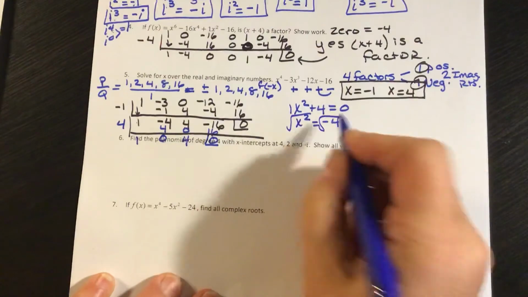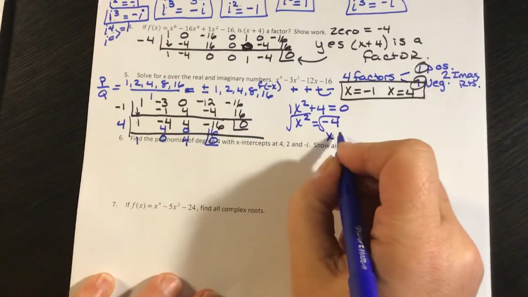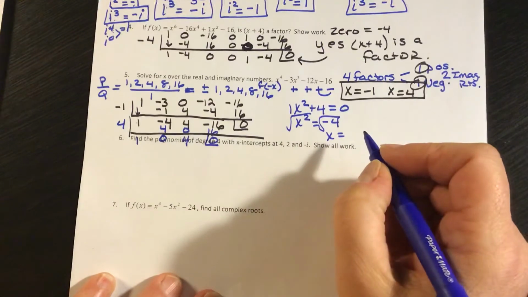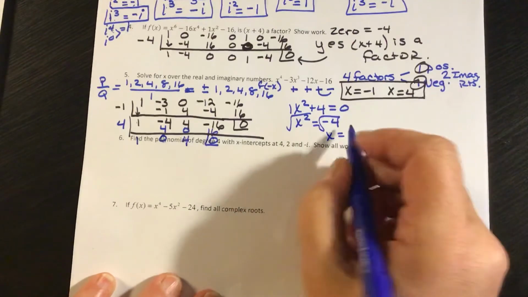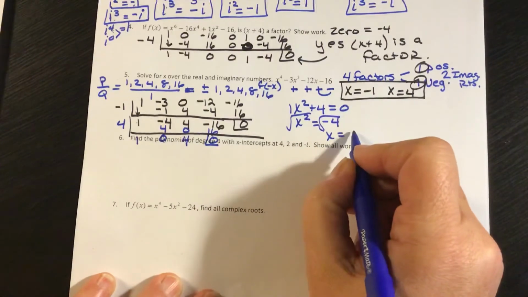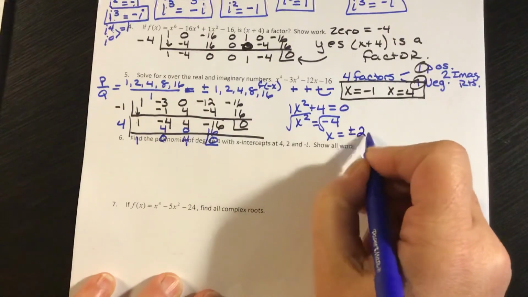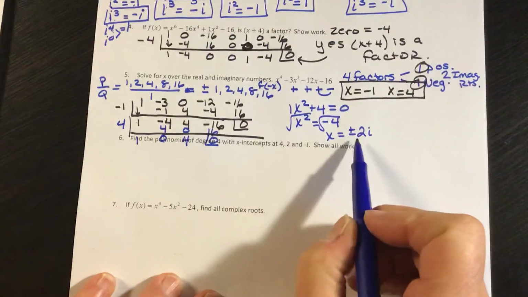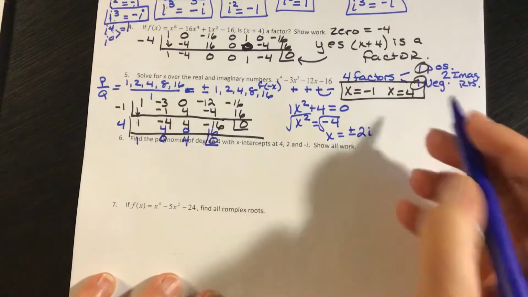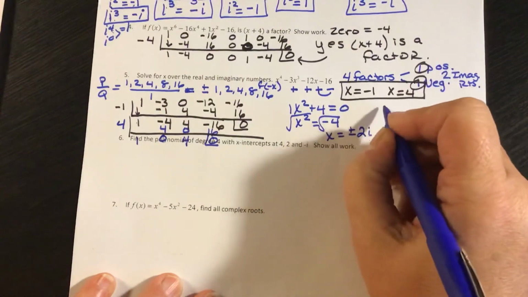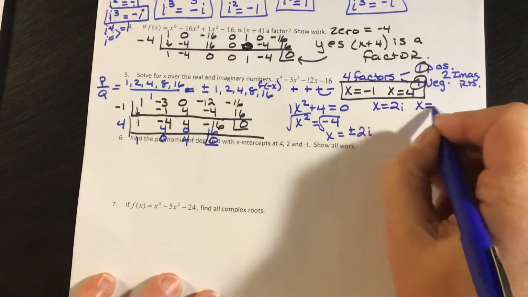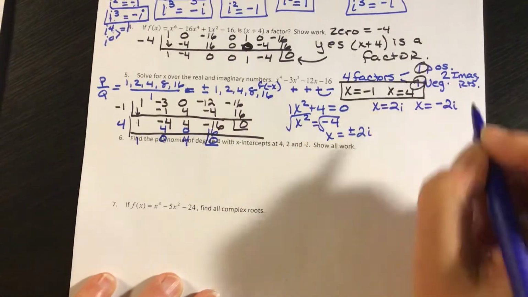Now I do the square root of both sides, and x equals plus and minus 2i. So x is plus and minus 2i, and those are my other roots. x equals 2i and x equals -2i.